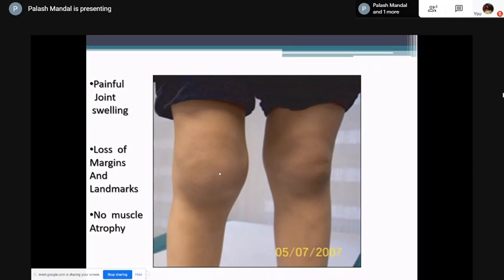Usually, if it is a fair-skinned person, there may be a bluish or blackish appearance. But since the person is dark-skinned, as in our country, that difference is not very evident because both look almost the same in color, and there is a loss of margins and landmarks. This is basically the swollen knee joint which is seen here.